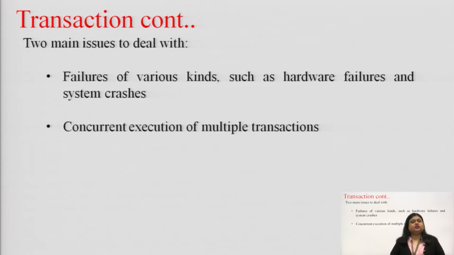So, what happens when we have concurrent execution of multiple transactions? The database has to be secured in a manner that it does not go into an inconsistent state. This fourth unit of DBMS talks about consistency, mainly maintaining the consistency of the database. These are the two main issues that we face when we talk about transactions.